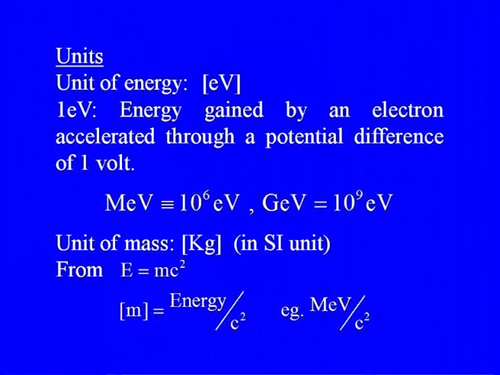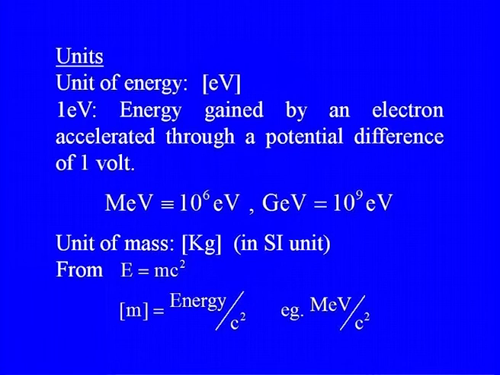In atomic physics, for example, the unit of energy is generally the electron volt. In nuclear physics, MeV, million electron volt. So what is eV? eV is nothing but the energy gained by an electron accelerated through a potential difference of 1 volt. If you take a million times this, that's 10 to the power 6 eV, that gives you MeV, and when you take 10 to the power 9, that's 1 billion eV, you get 1 GeV, a giga electron volt. That being the unit of energy.